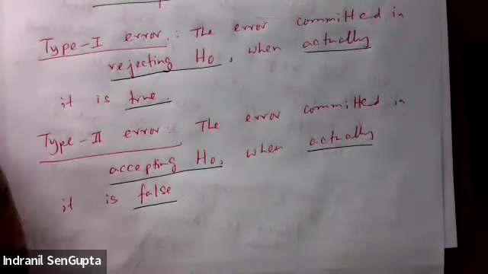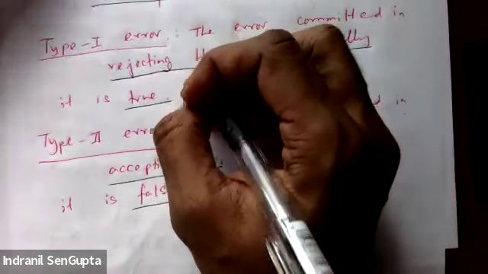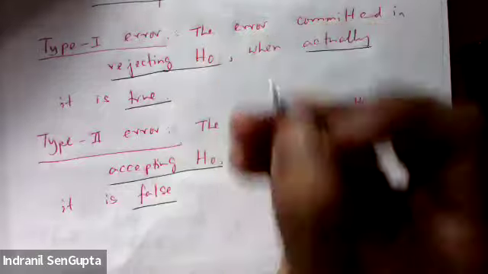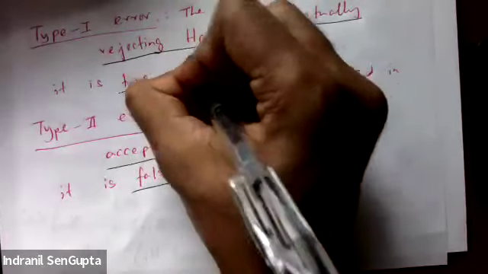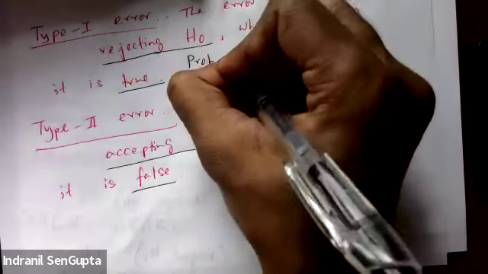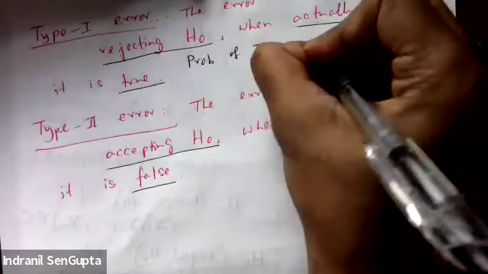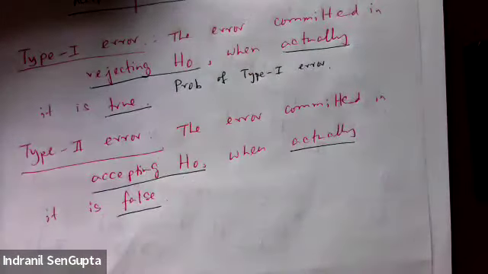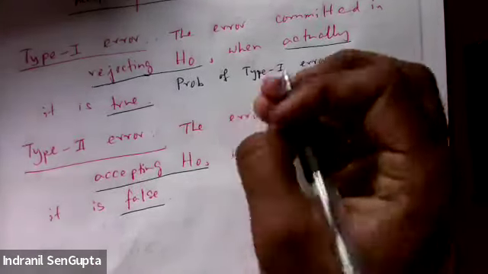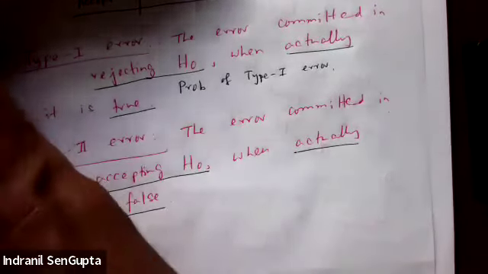Now, if I want to write this mathematically, the probability of the type 1 error is the probability of rejecting H0 when it is true. So how do you get that?